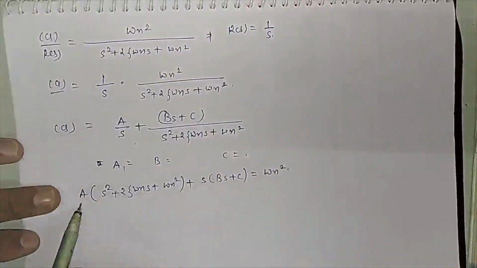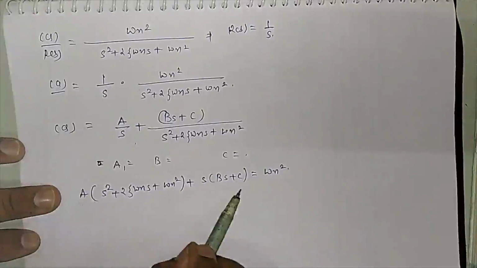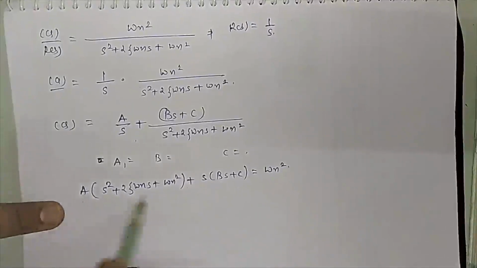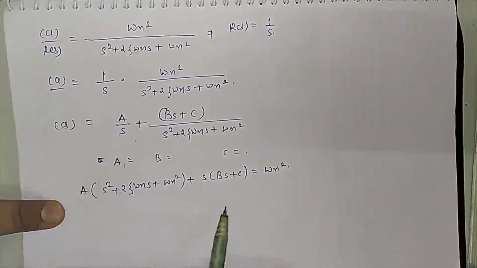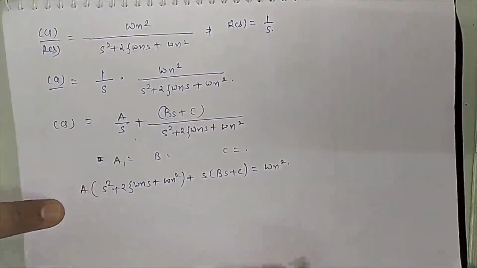So you just need to multiply all these coefficients, open the brackets, take together all the s square terms, then s terms, and then the constant term, and match with your right hand side.